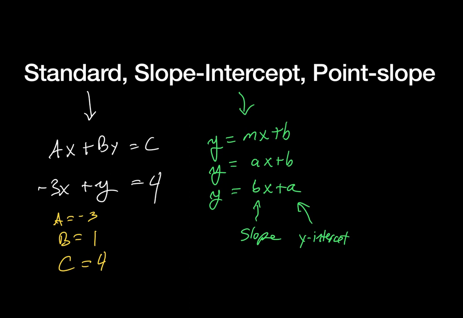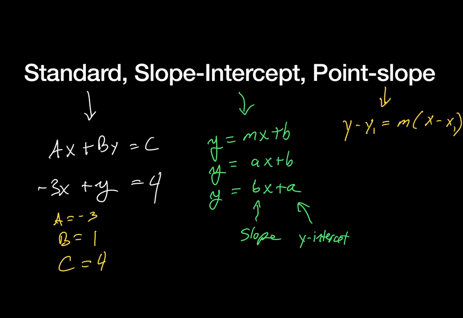All right, and then the third form is what's called point-slope form. Point-slope form is y minus y1 equals m times x minus x1. And here, the m is the slope again, just like it is over here. The y1 and the x1.